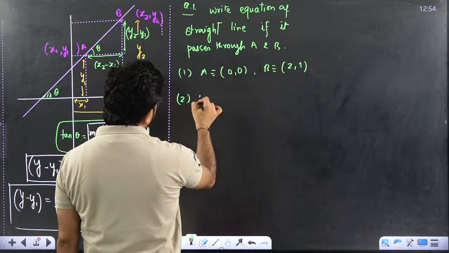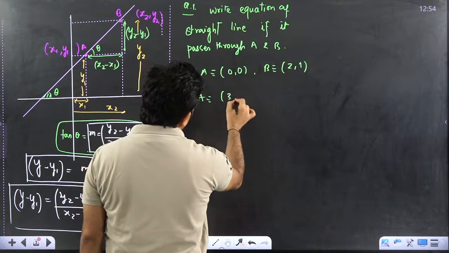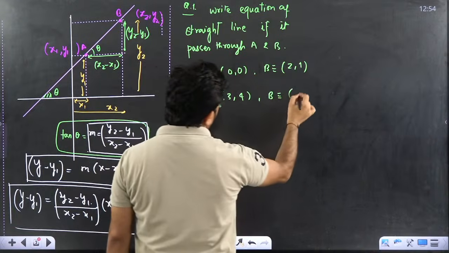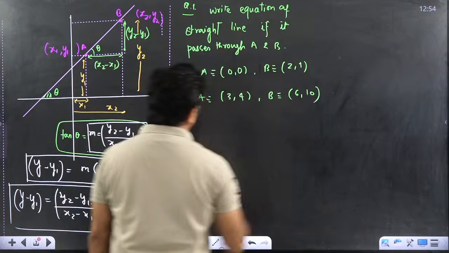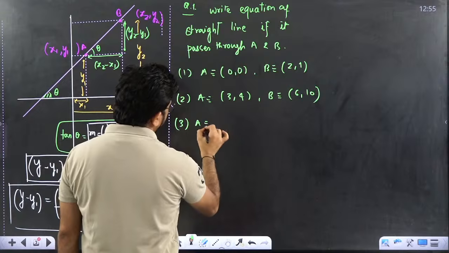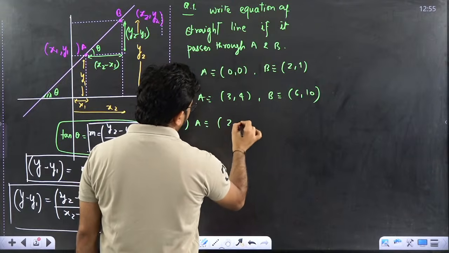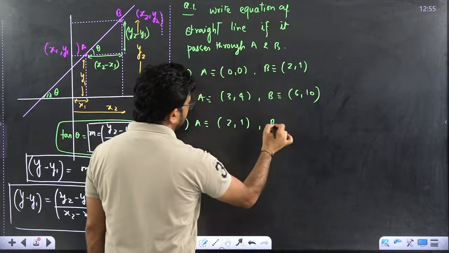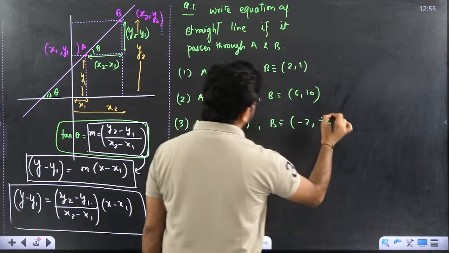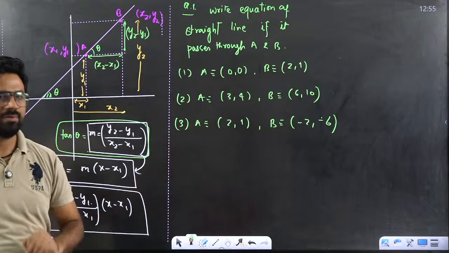Or A is 3, 4 and B is 6, 10. Or A is 2, 1 and B is minus 2, minus 6. These are three simple sets of points given to you.